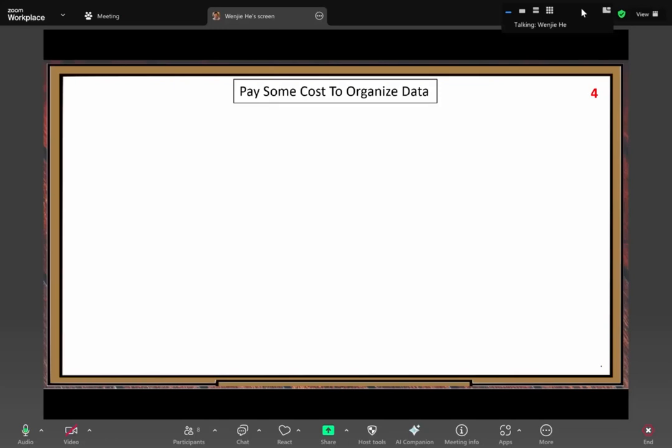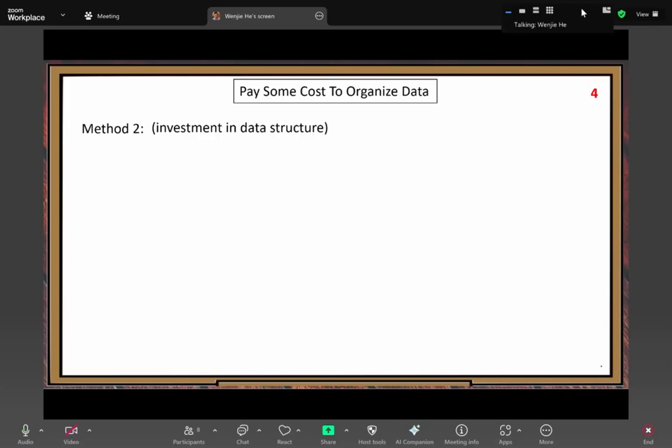How to organize the data? In this question, very simple. Sorting. So we sort the given array.